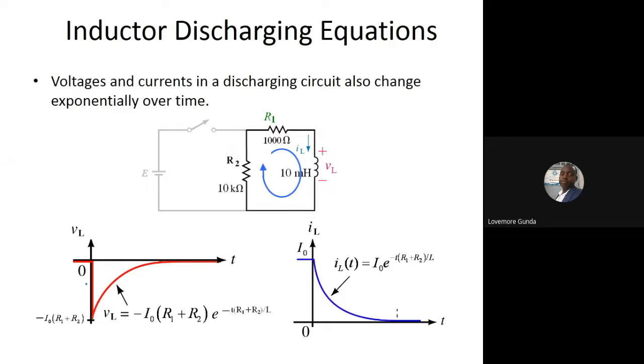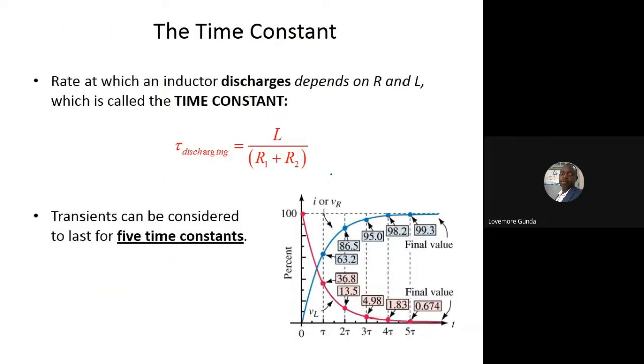The inductor voltage also now has a different polarity. After I remove the source, it will be positive and negative on that side, right? Then after 5 time constants, the discharge will be complete, and everything will be going down to 0, like that.